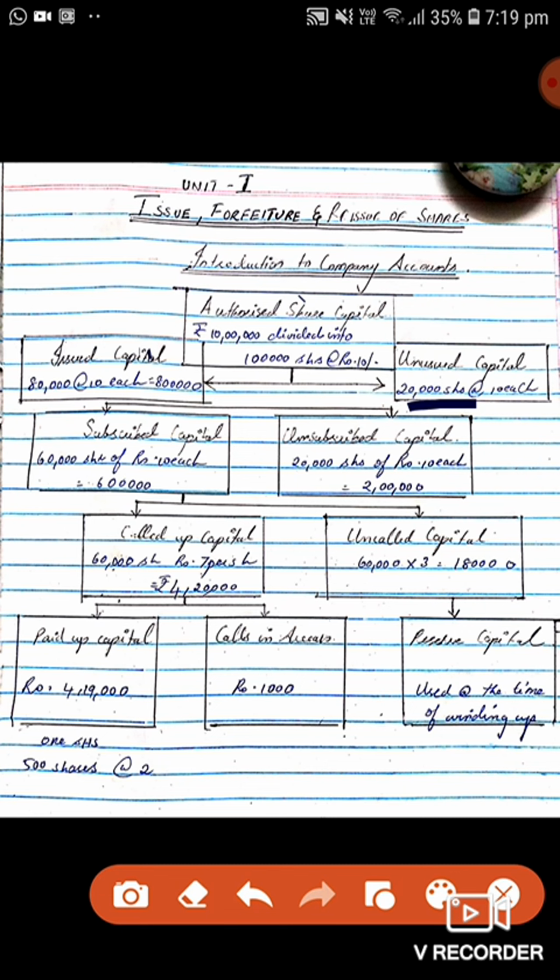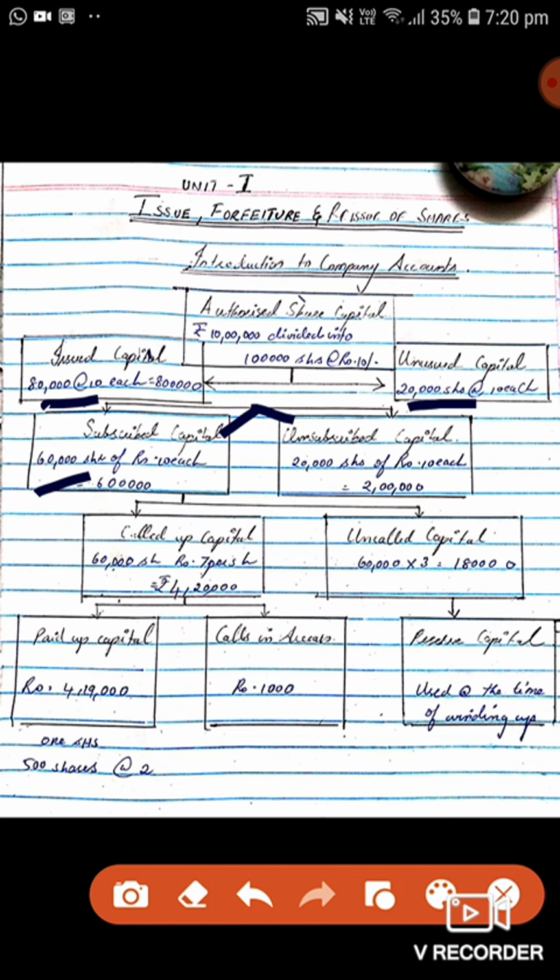Now further, the issued capital is divided into subscribed capital and unsubscribed capital. The subscribed capital is a part of issued capital which has been subscribed by the public. So out of 80,000 shares, 60,000 shares have been subscribed by the public.